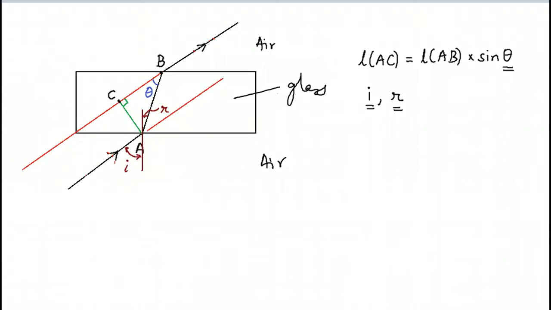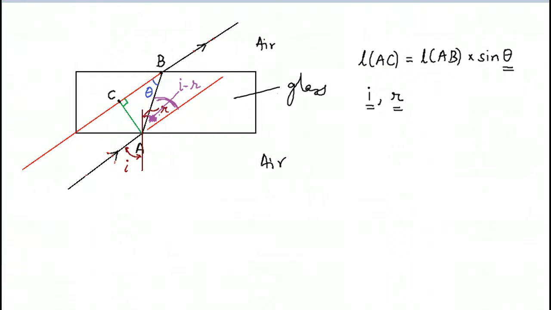The incident ray wants to go in that direction, it doesn't actually go in that direction, and clearly this angle over here is I minus R. In fact, it is the angle by which the incident ray deviates when it goes into the glass slab. This is I minus R.